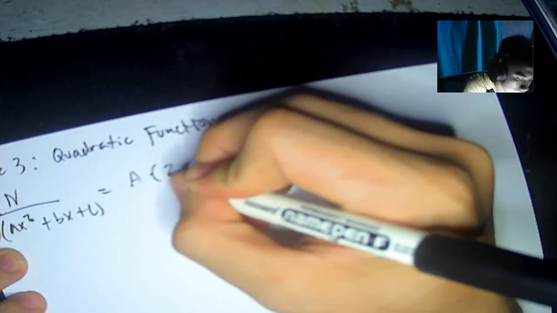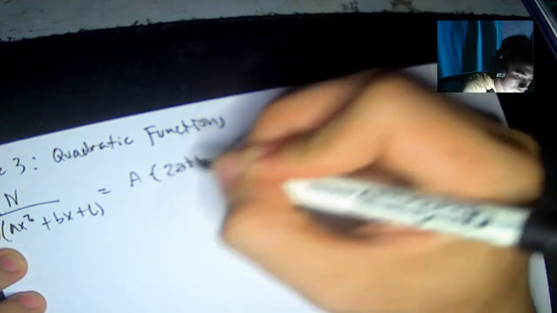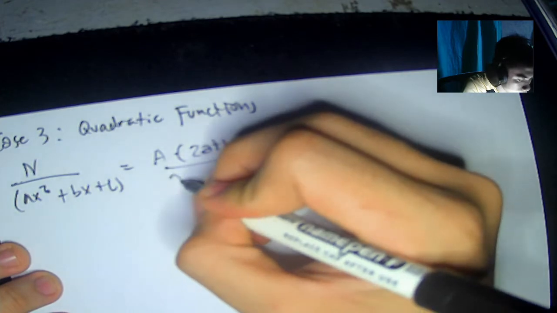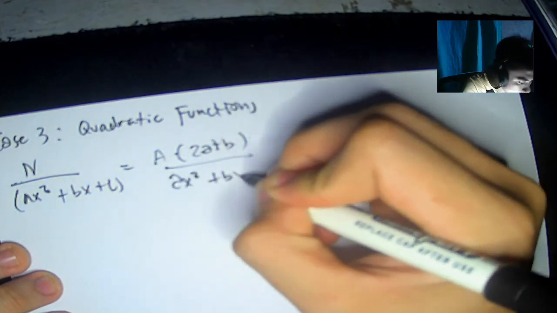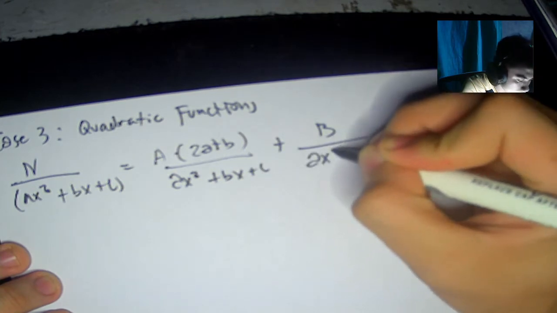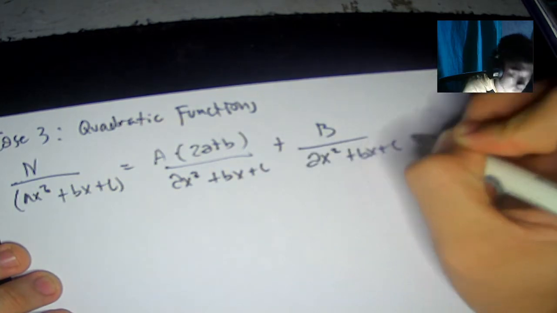We have n over ax squared plus bx plus c, plus b over ax squared plus bx plus c.